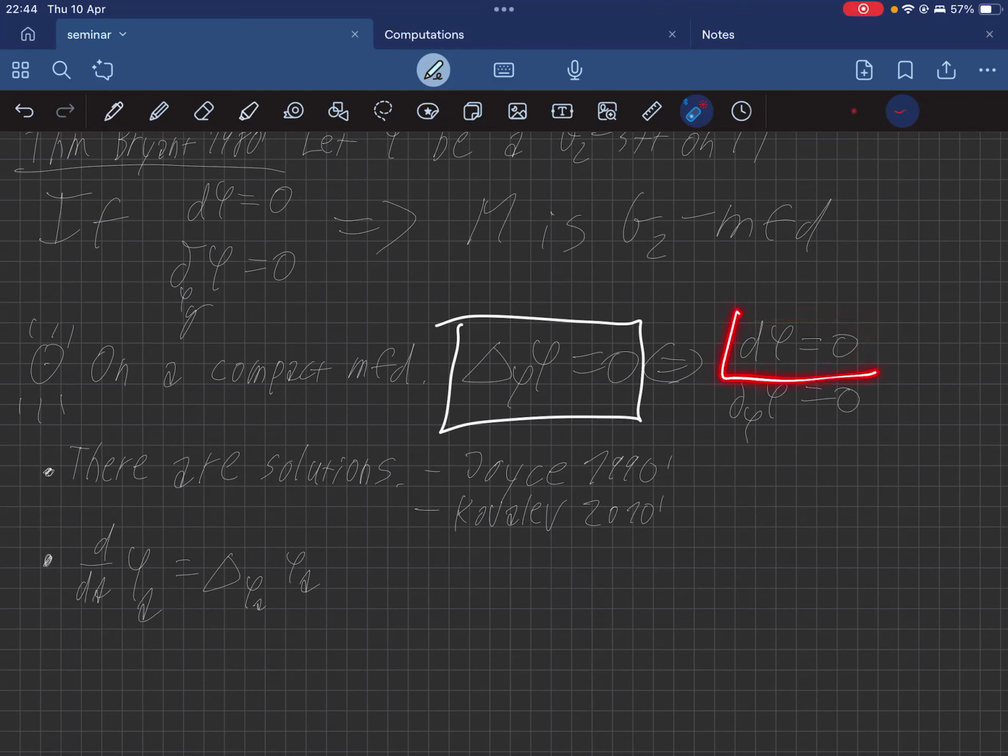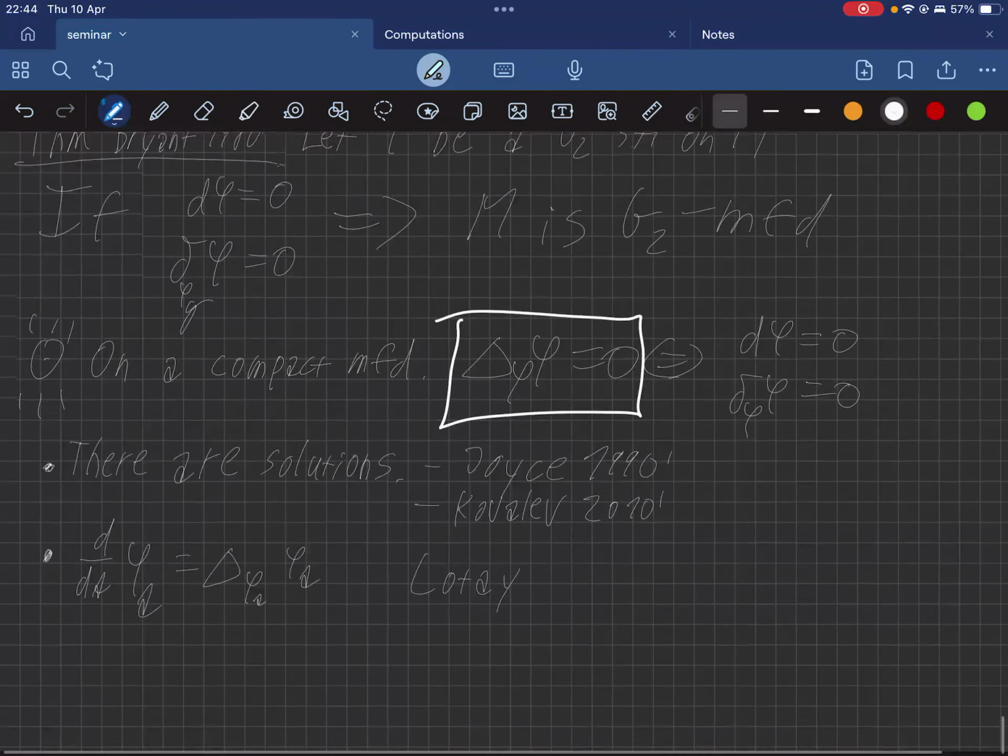So essentially you're assuming half of your equations and then you can solve the nonlinear part quite nicely. This was done, for example, by Jason Wattey, in the 2020s.